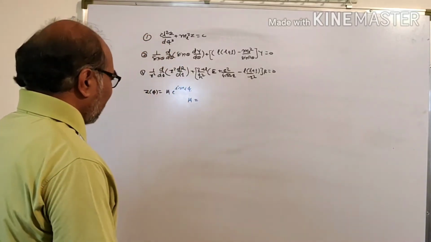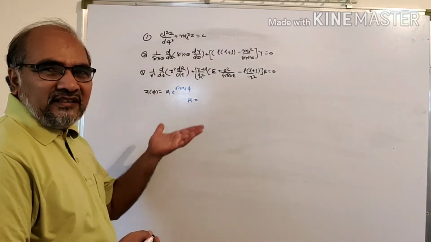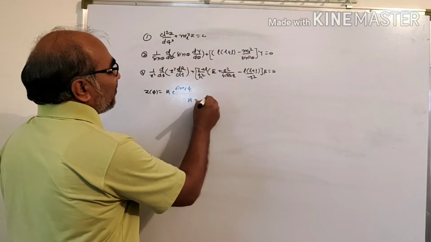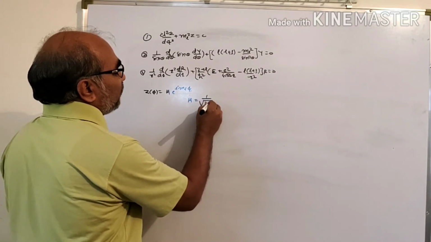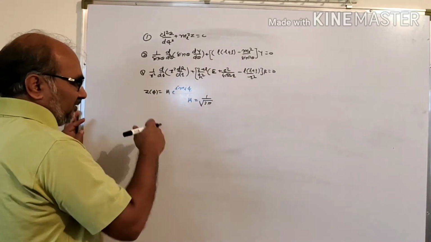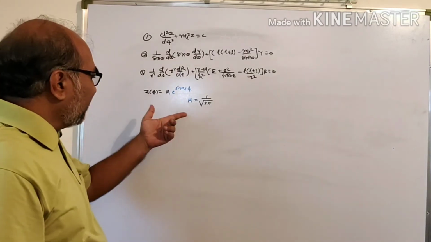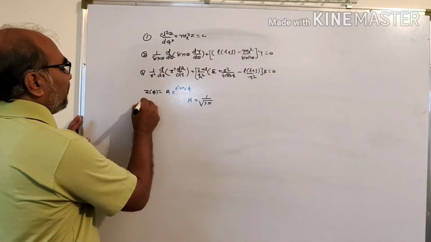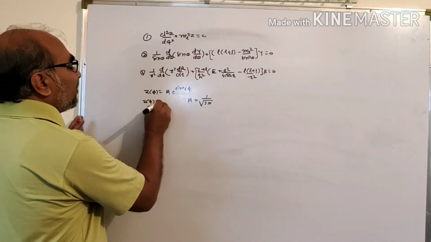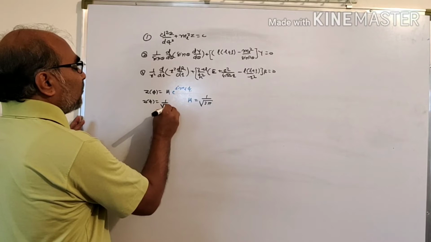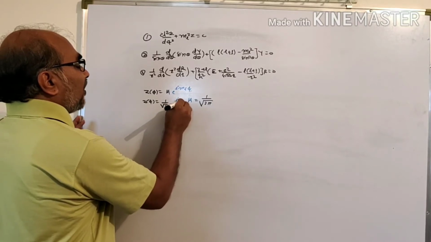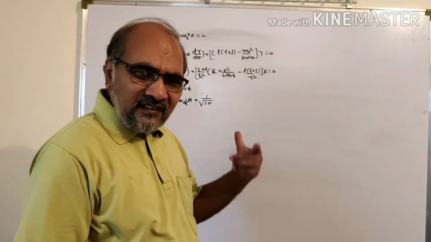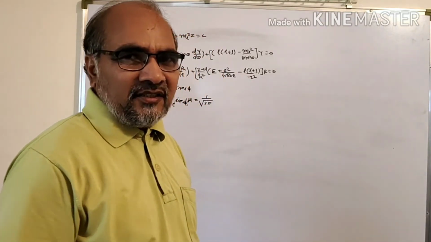We could calculate it here too, but it would take more time, and we have already solved it. By integrating, we get 2 pi times A square equal to 1. Therefore Z of phi is equal to 1 upon root 2 pi e raised to i ml phi. This is the expression.